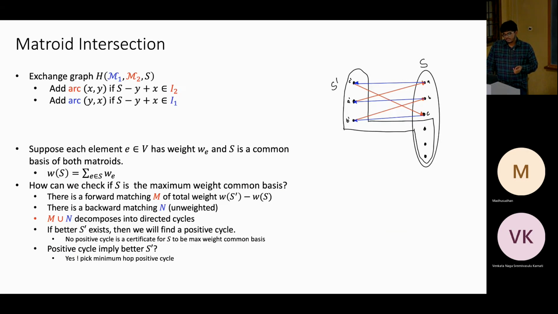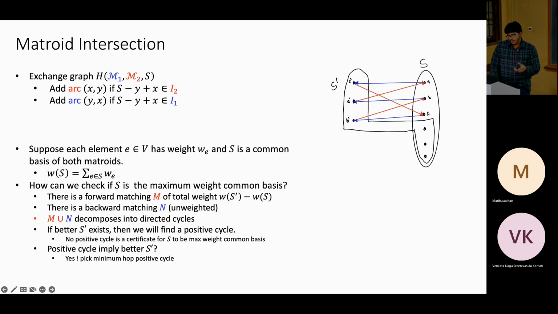So we just pick the minimum hop positive cycle, and I'll show that exchanging on that, basically, if you exchange on the set of elements on the other side with S, then you'll remain an independent set in both matroids. If you exchange on any positive cycle, the problem is staying independent in both matroids.